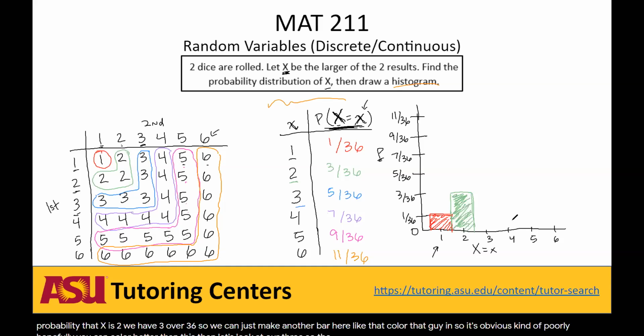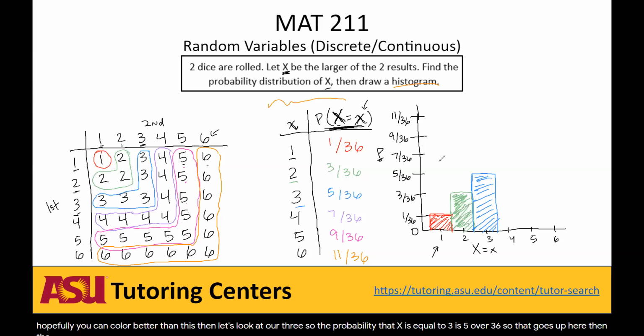The probability that x is equal to 3 is 5 over 36. So that goes up here. Then the probability that x is equal to 4 is 7 over 36 from the probability distribution. So we'll just put another bar in there. Let's make that a little whiter. There we go. Color that guy in.